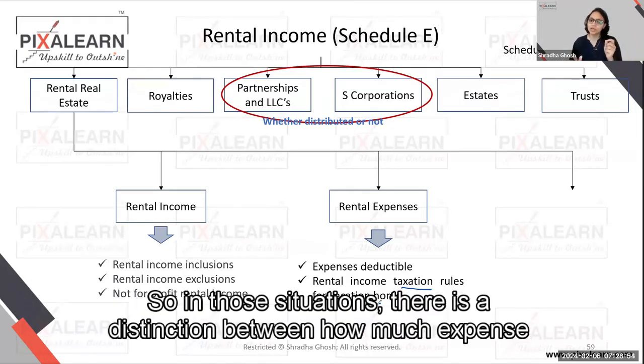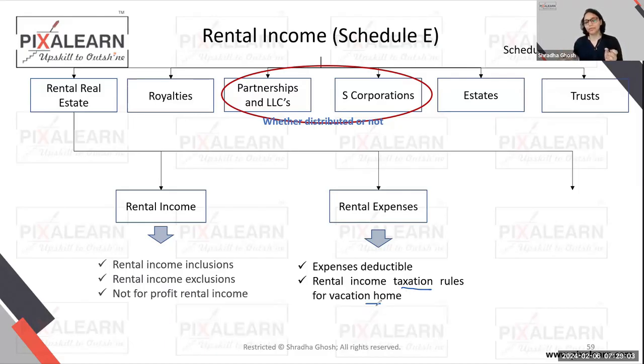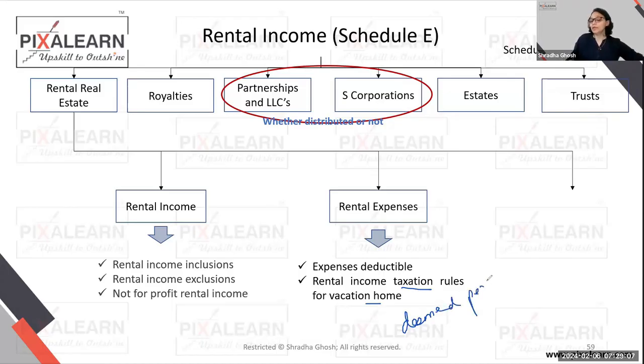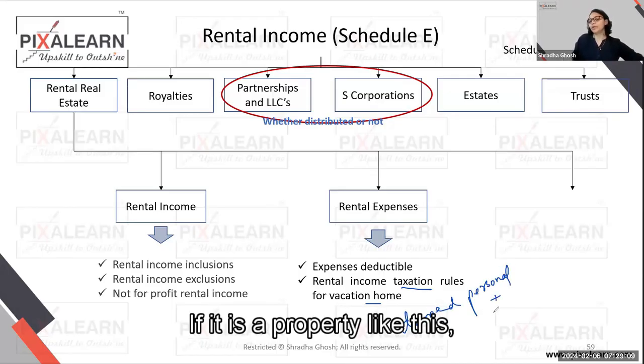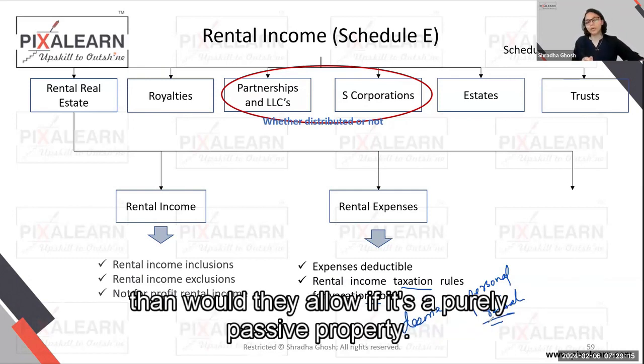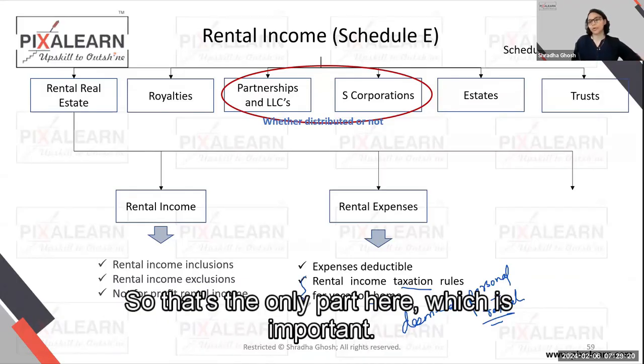So in those situations, there is a distinction between how much expense they will allow for a property which is deemed personal and deemed rental. When it is deemed personal plus rental, there's a small exception where they allow you a little more expenses than what they allow if it's a purely passive property. So that's the only part here which is important.